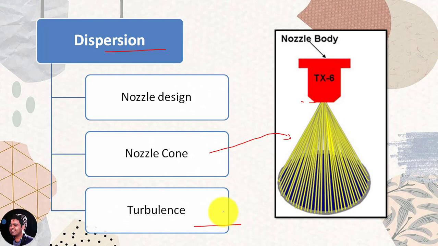Like you can choose a different design of the combustion chamber, you can choose a different design of the crown of the piston, or you can choose the position of the nozzle tip inside the cylinder to produce the turbulence. These are three factors by which we can produce the turbulence inside the cylinder.